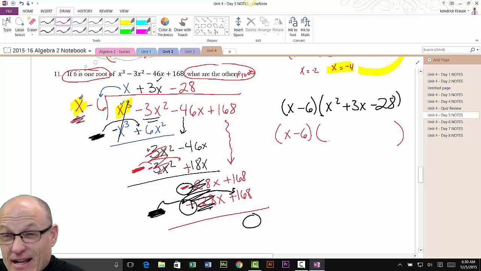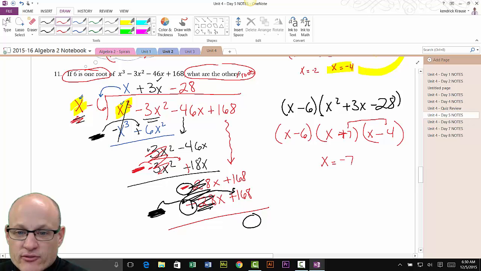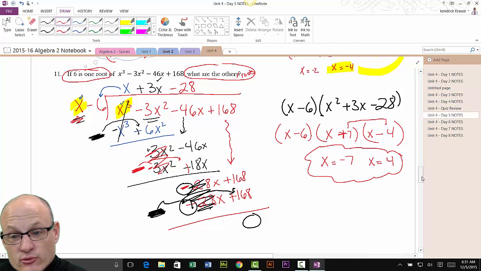So I do, in fact, have to find the other factors. So I'm going to factor this. x plus 7, that's a plus, and x minus 4, because 7 times 4 is 28, and one's positive, one's negative, and they add up to 3. So my two other factors give x equals negative 7 and x equals positive 4. And those are the two answers, my other two roots.